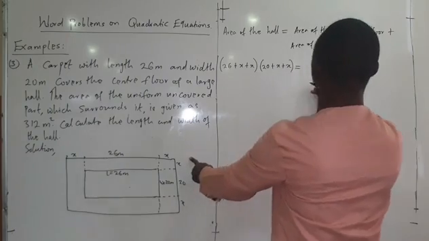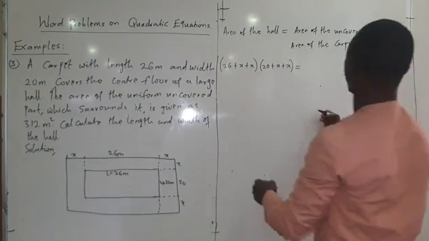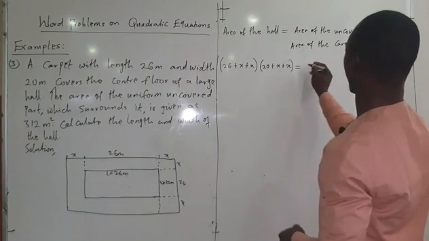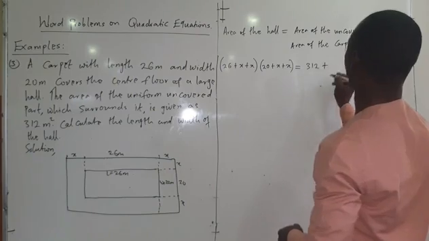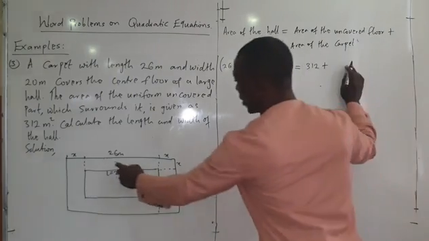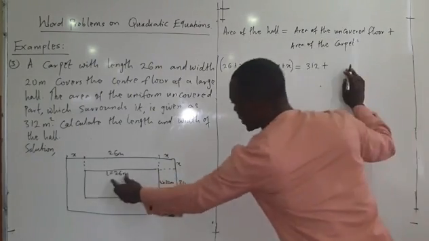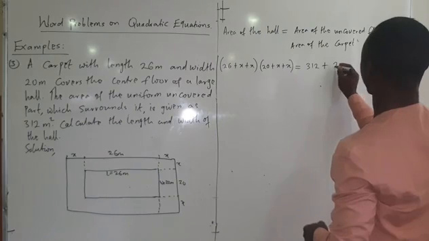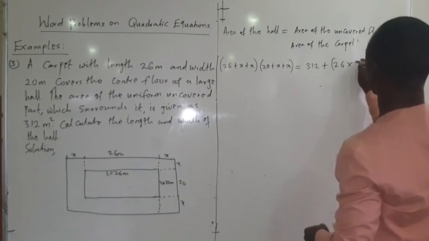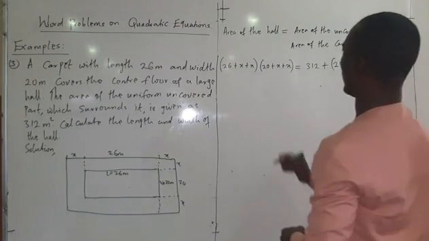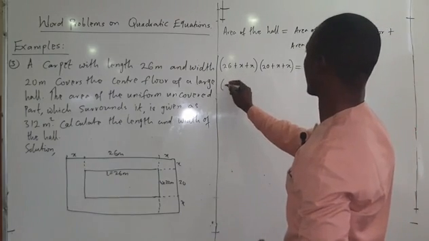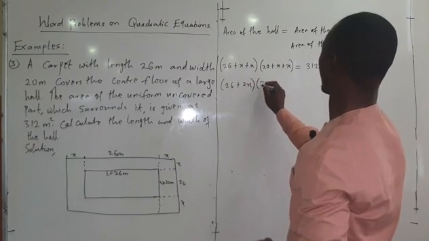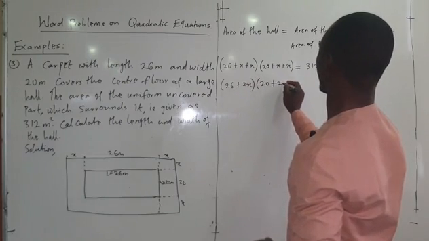So which is equal to the area of the uncovered floor, which is given as 312, plus the area of the carpet. The area of the carpet will be the length of the carpet multiplied by the width of the carpet, which is 26 multiplied by 20. So we now have (26 plus 2x) multiplied by (20 plus 2x).